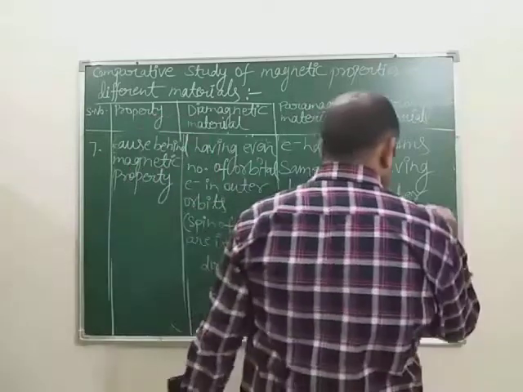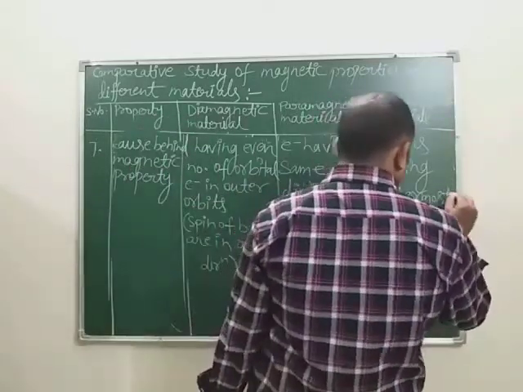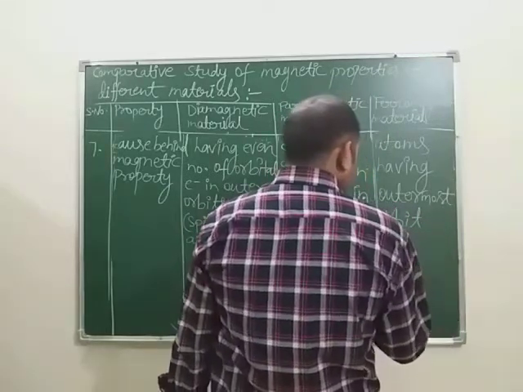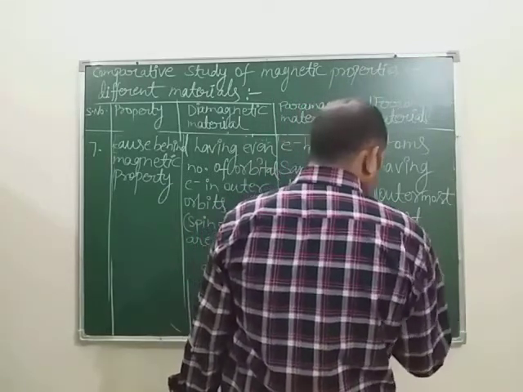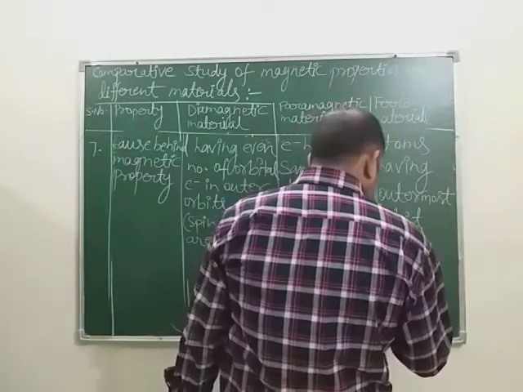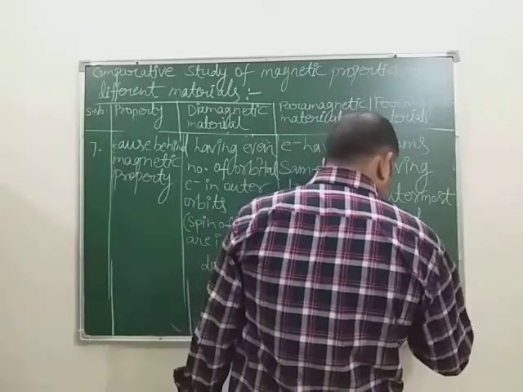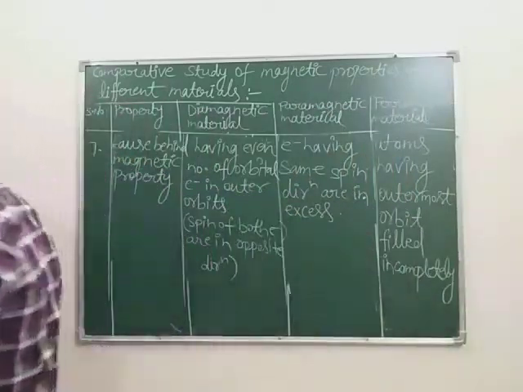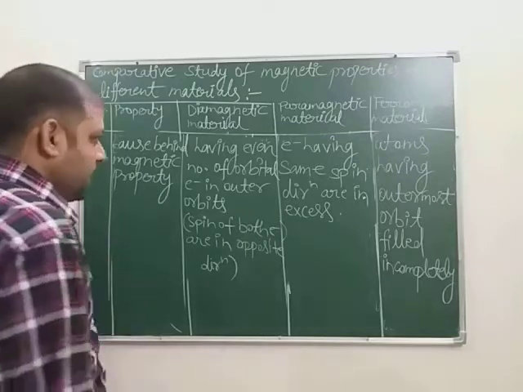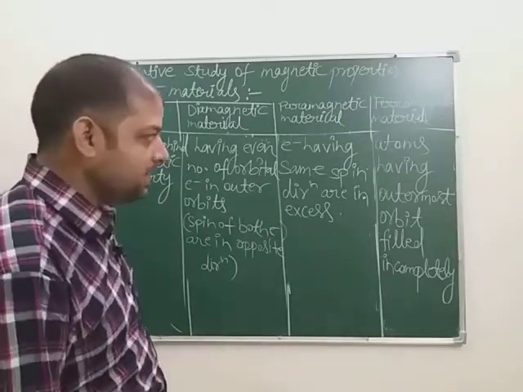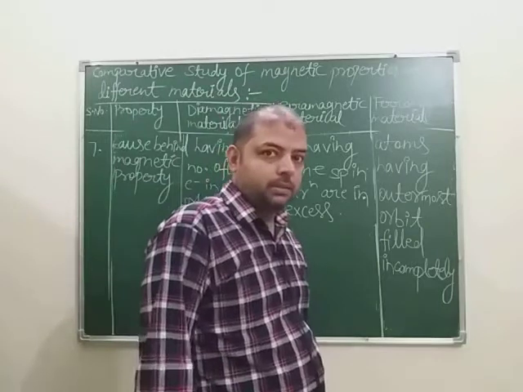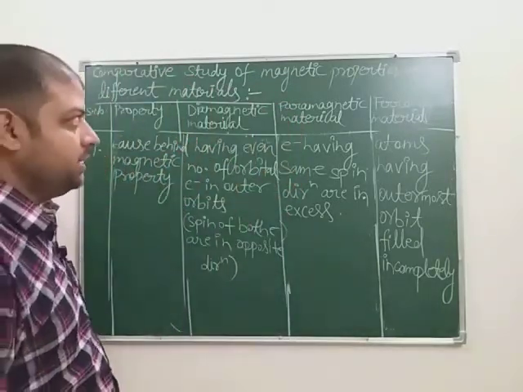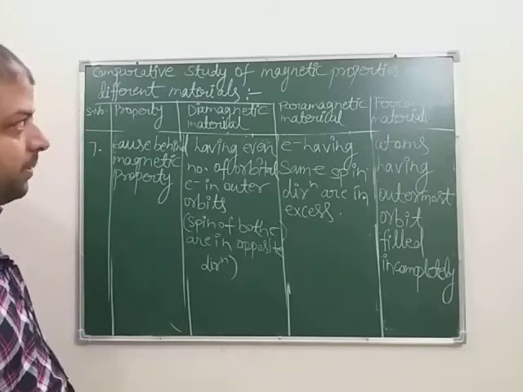So there are more free electrons, and the electrons having spin in the same direction align themselves according to a domain, and the magnetic field is highest in ferromagnetic materials.